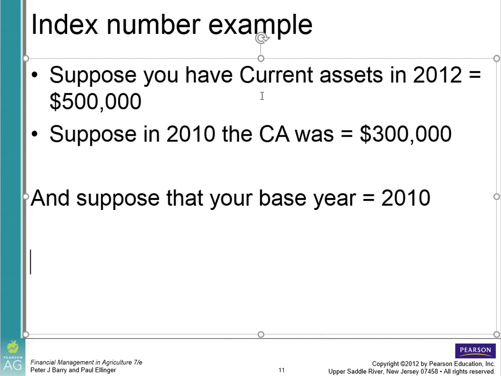So how do we then find an index for, let's say, 2012? So the index for 2012 simply equals the value in the current year.